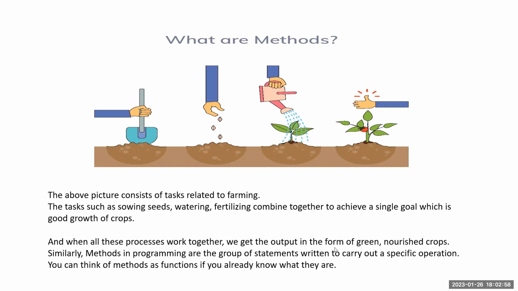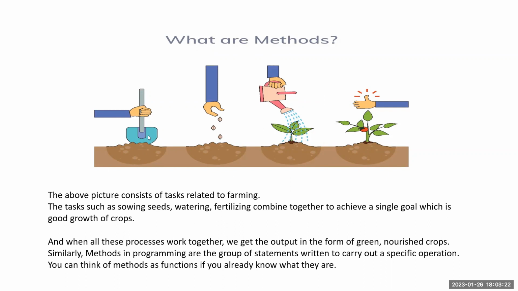These things have different actions in them, but at the end of the day, even though they have different actions, you can still get one single output, because these are all interlinked.